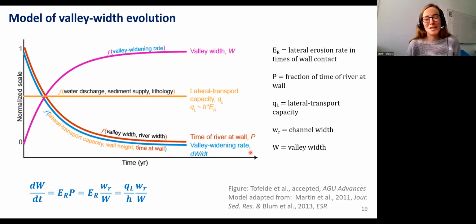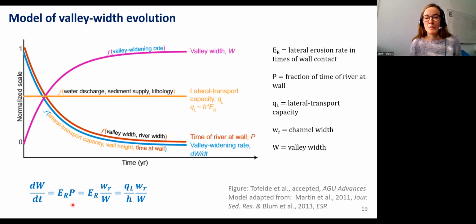So this simple model, we can also describe by an equation. And this equation down here basically says that the change of a valley width through time is simply the product of two things. It's the lateral erosion rate times the probability that the river actually does touch the wall and is not sitting somewhere far away from the wall.